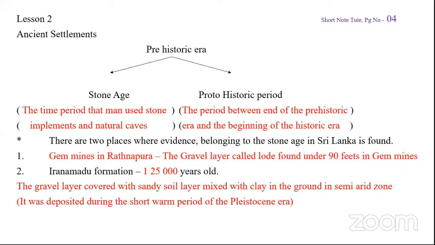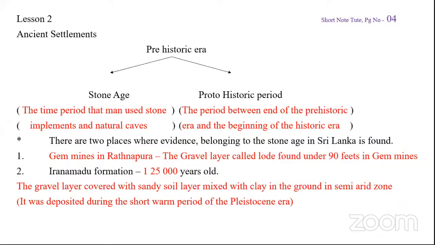After this time period, Sri Lanka and South Asia were subjected to dry and wet long periods. In that time period, because of the heavy rain, the central hill country was subjected to erosion. So these regions were covered with a huge layer of soil. Even the Ratnapura region, everywhere in Sri Lanka, was covered with soil.